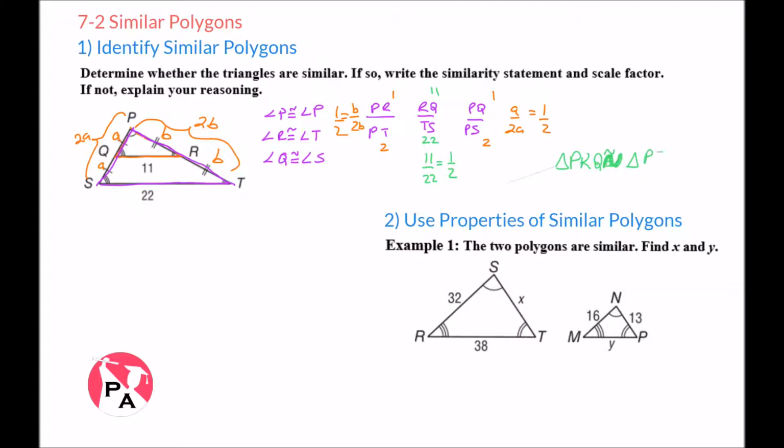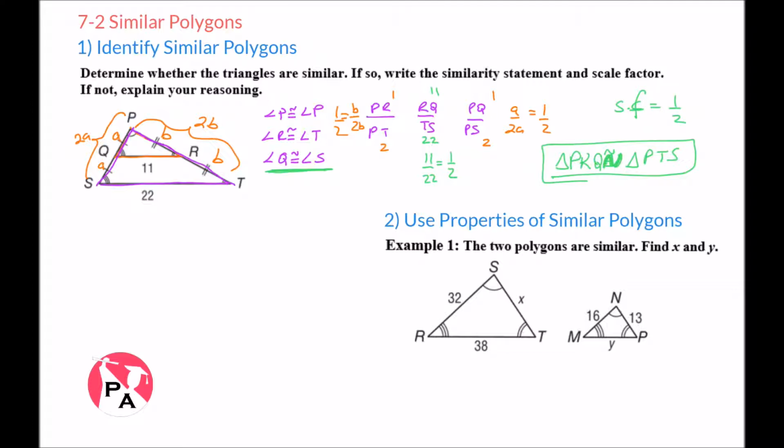So that's all for this question. Now we have our similarity statement for the triangles. We have our reasoning. The reasoning is angles are congruent, sides are proportional. That part is right here. And 1 over 2 is our scale factor. So let me put it up here. Scale factor is equal to 1 over 2.